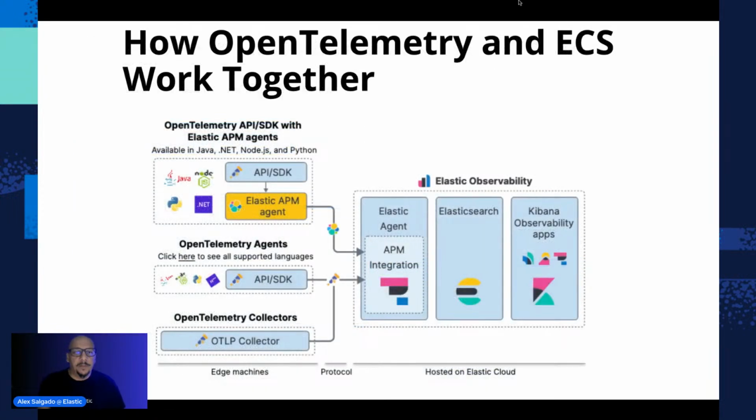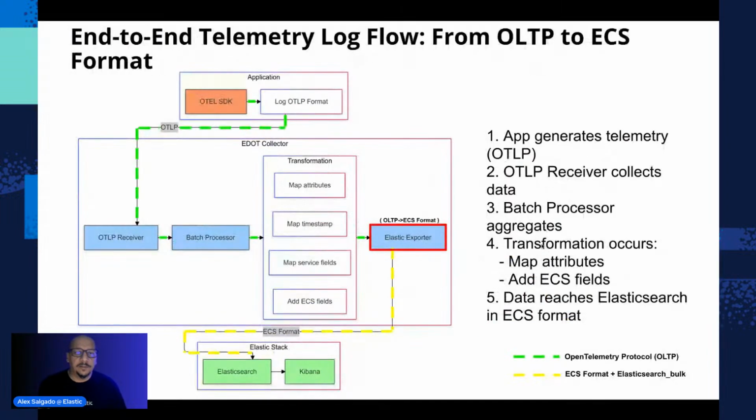Here's the big picture of the OpenTelemetry architecture. You can see different ways to ingest data from Elastic agents, SDKs, and the OpenTelemetry collector, and this data is transformed along this flow until being received inside Elastic. You can see detailed information here.